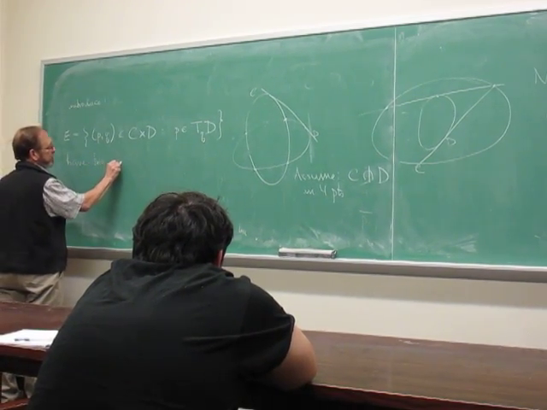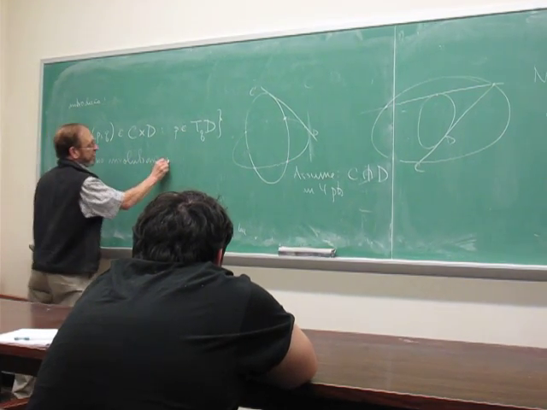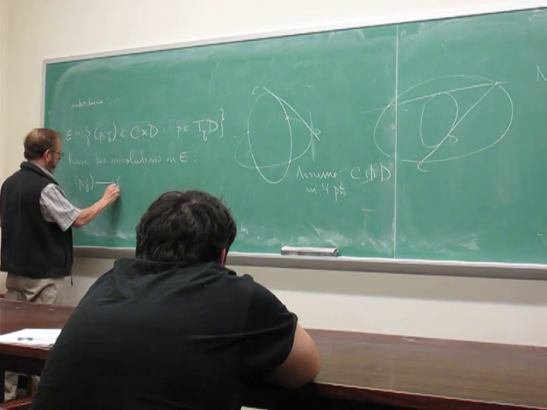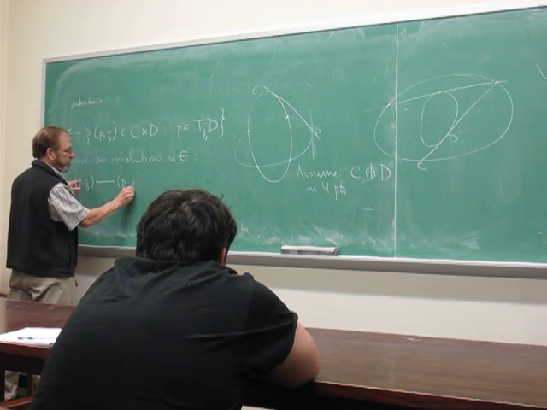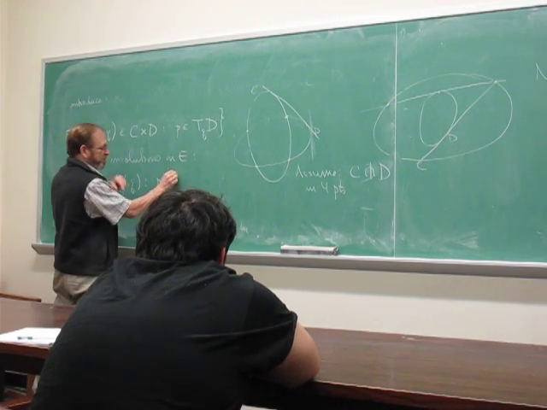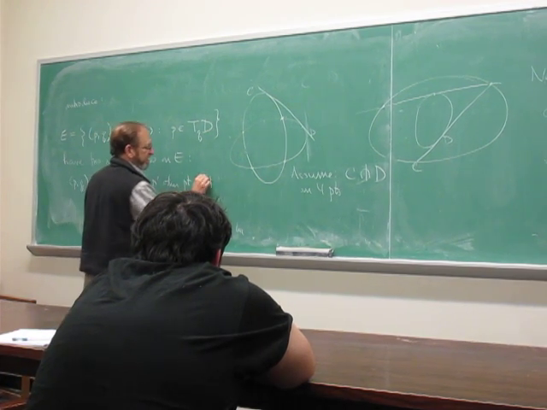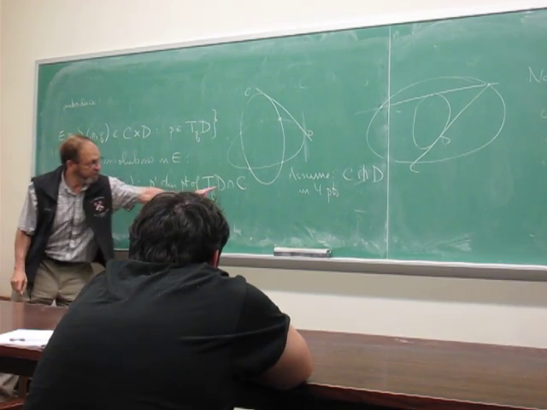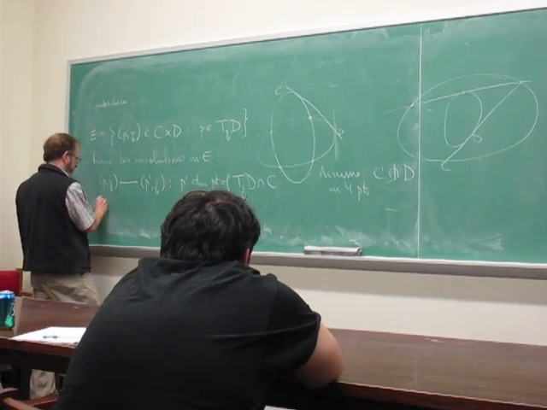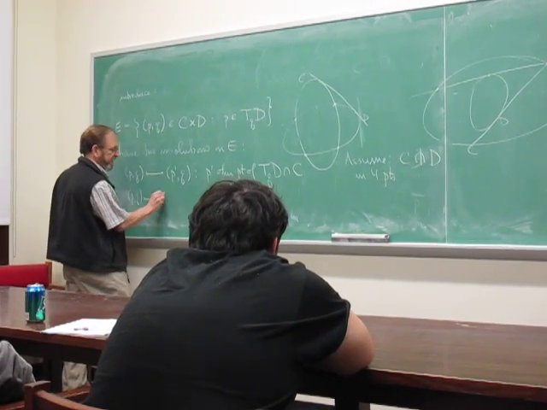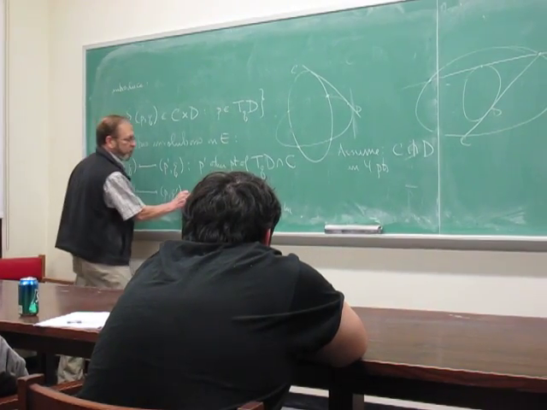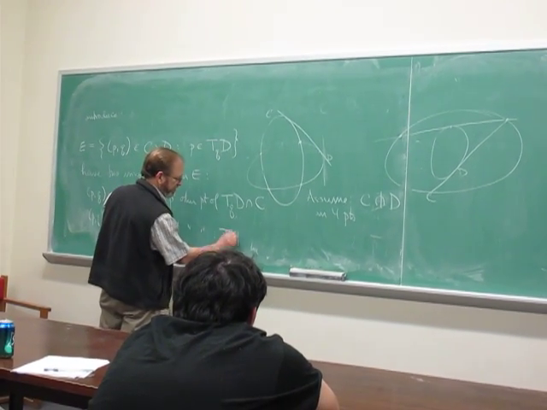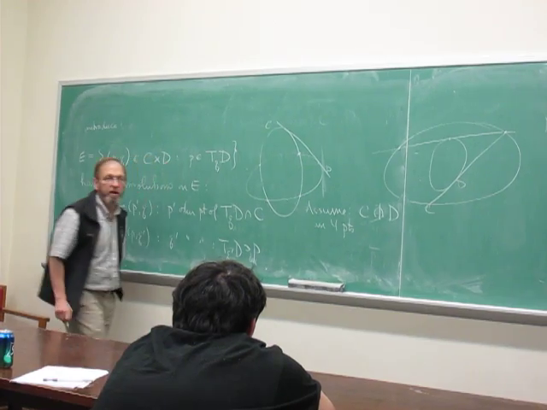Okay? And one way to phrase what we're doing here is that we've defined two involutions on E. We can take a point P, Q, and we can associate to it the point P prime, Q, where P prime is, as we said before, the other point of the intersection of T_Q D, the tangent line from D to Q, with C. Or we could take the point P, Q and send it to the point P, Q prime, where Q prime is the other point of D such that T_Q' D contains P. Okay?